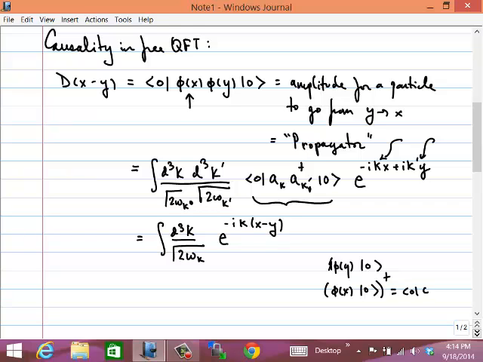That's <0| times phi of x, with no phi of x dagger, because phi of x is a Hermitian operator because the scalar field is real. So I'm taking the inner product between that ket and that bra. So that's the amplitude for a particle to be created at point y and travel to a point x. Is that clear, more or less?